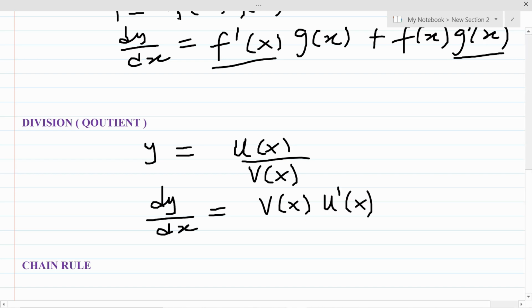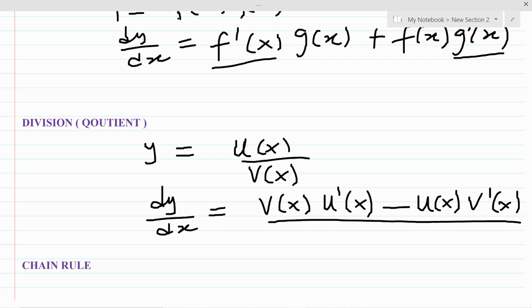Then minus, you pick your numerator u of x, then multiply by the differential of the denominator v of x, all over v of x all squared.